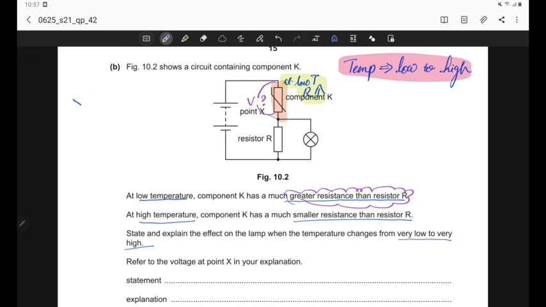So here, a very important point you need to know in order to answer this kind of question is, when the resistance of any component increases, it will consume lots of energy to work. Therefore, the potential difference across that component, or the voltage consumption of that component, will be high.